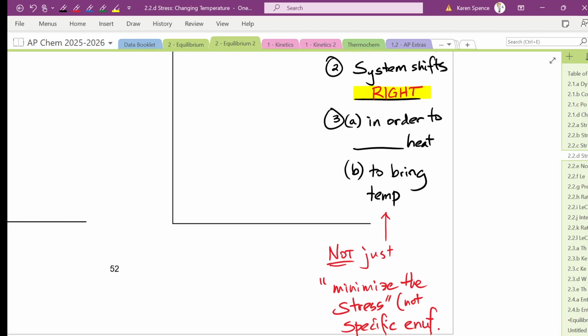You want to say it shifts to the right in order to release heat, to bring the temperature back up.